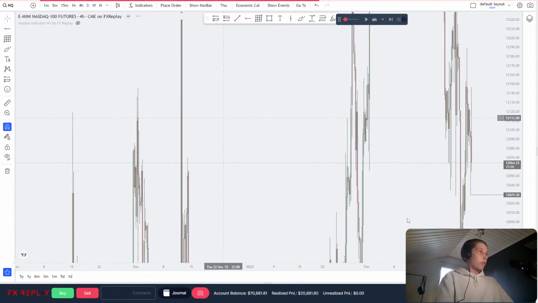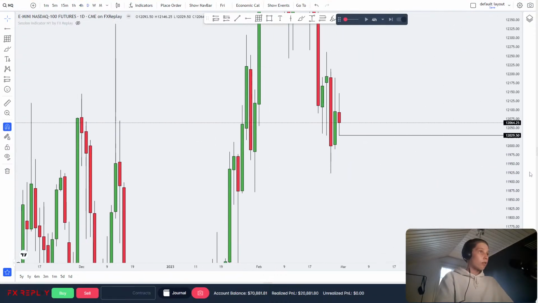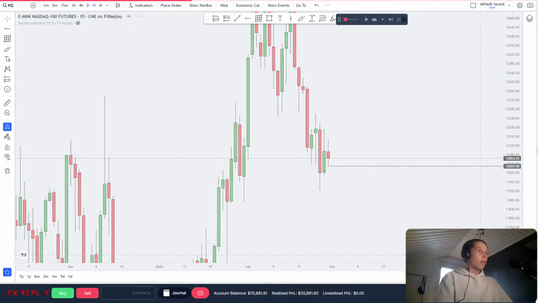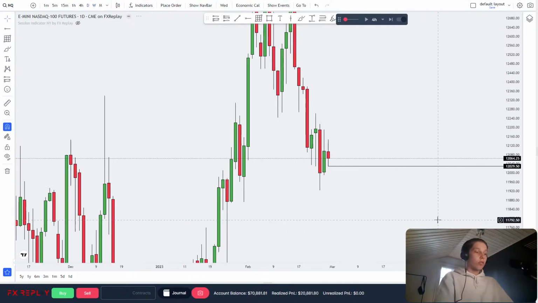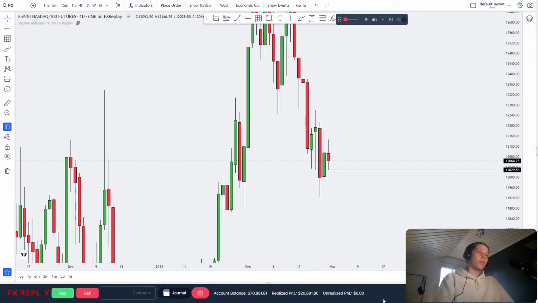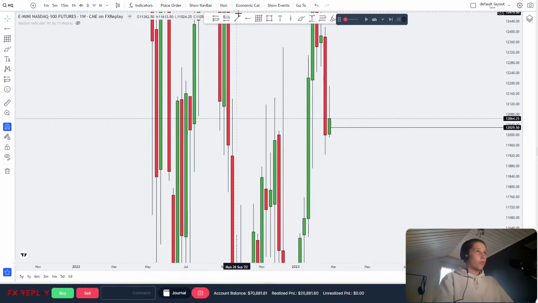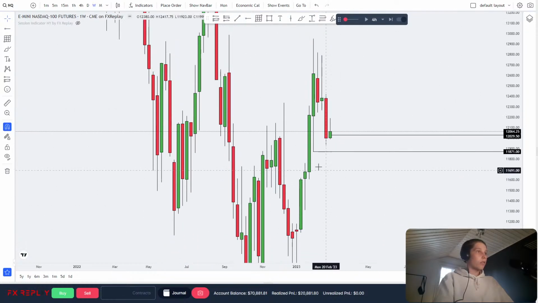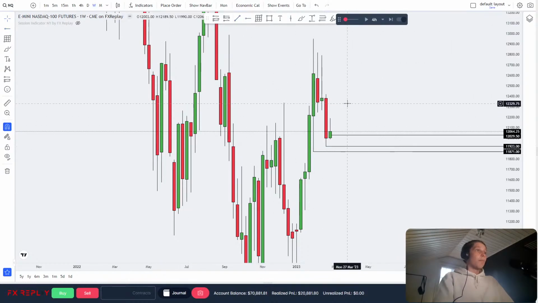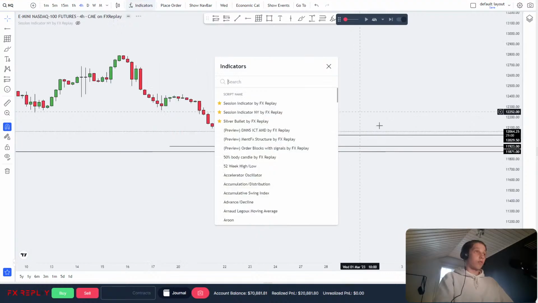Let's go to the daily and see quickly how this is looking. Weekly as well. It's now Tuesday, so the weekly candle is not even close to closing. We got weekly here, so I think we could be running lower based on these liquidity pulls and lows that we are seeing.